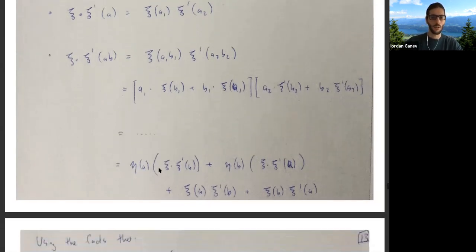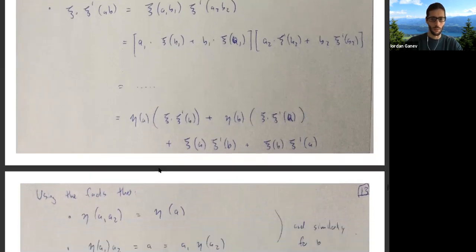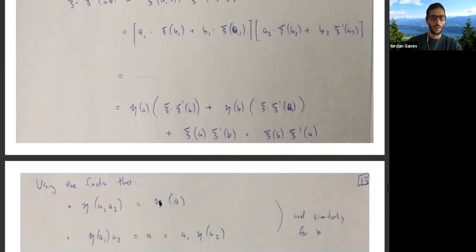And then we also need, so I wrote it out here. We'll also need the fact that if we have eta of A1 times A2, that's just eta of A. So again, there's this summation that's suppressed here, but that's just the co-unit axiom.